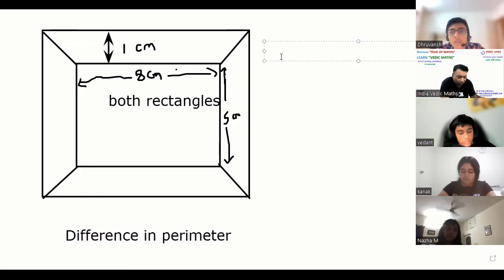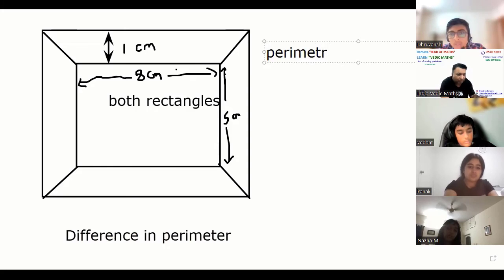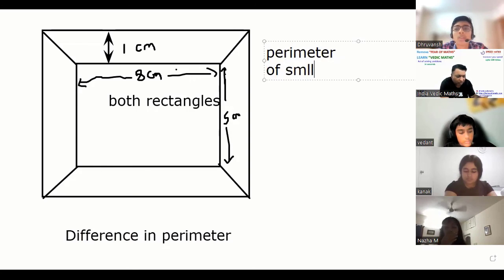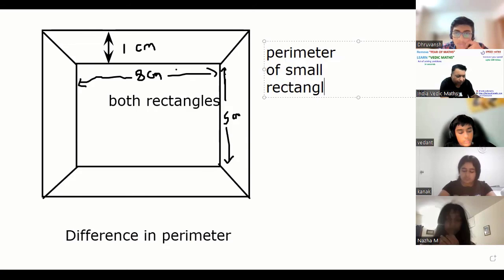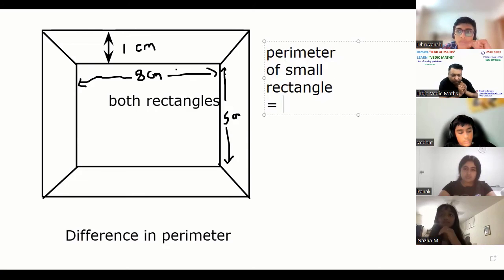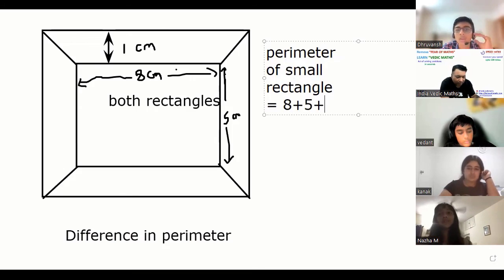Okay. What is the perimeter of the smaller one? 26. What is the perimeter of the small rectangle, Naja? 8 plus 5 plus 8.